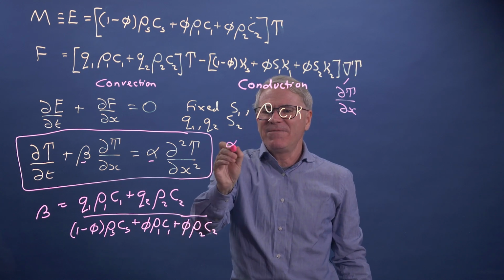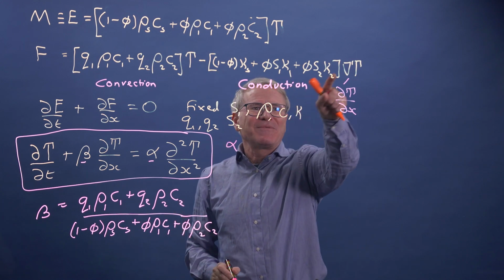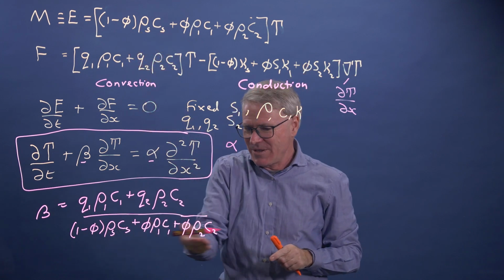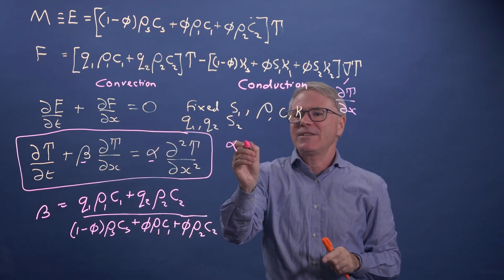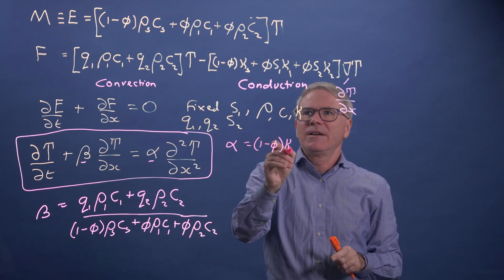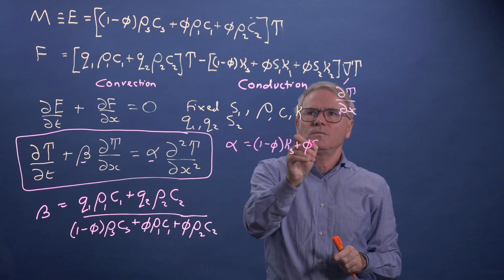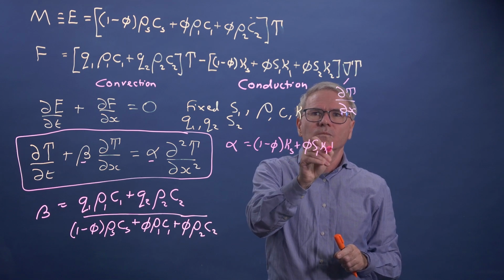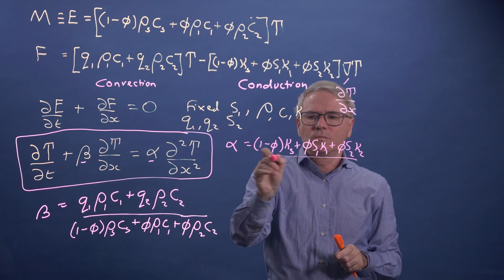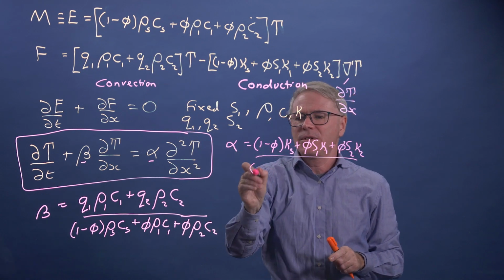And so my alpha is basically this bunch of terms divided by this bunch of terms before, so the same denominator here. I'll just write this out reasonably quickly, and then it's just these terms.